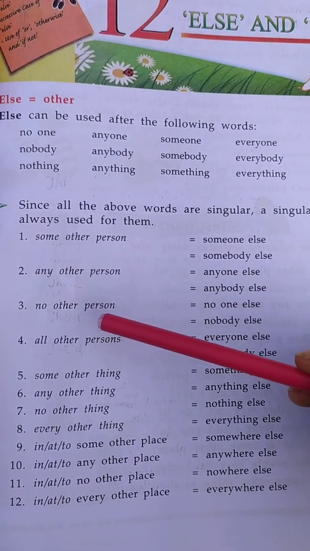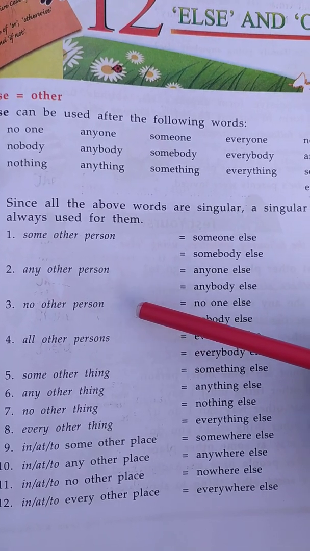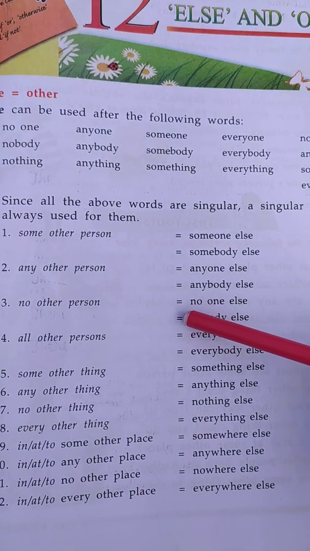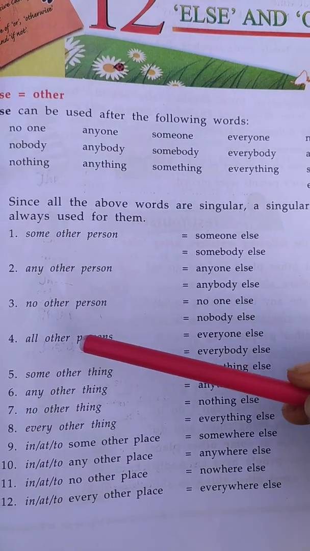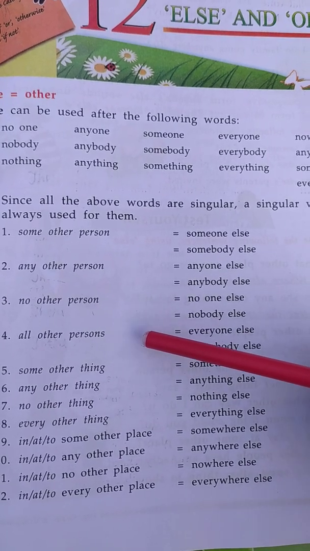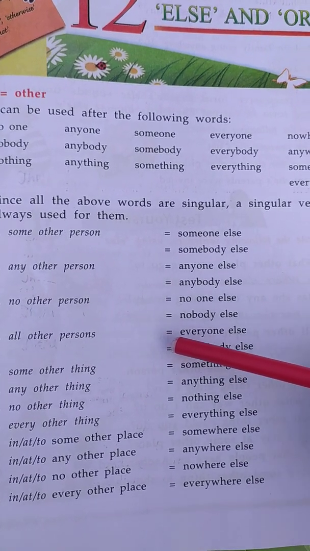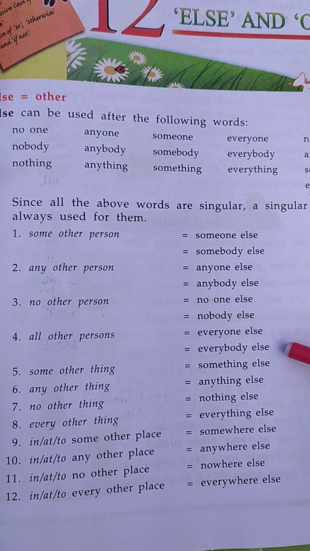Number 3, no other person: no one else or nobody else. Number 4, all other persons: everyone else or everybody else.